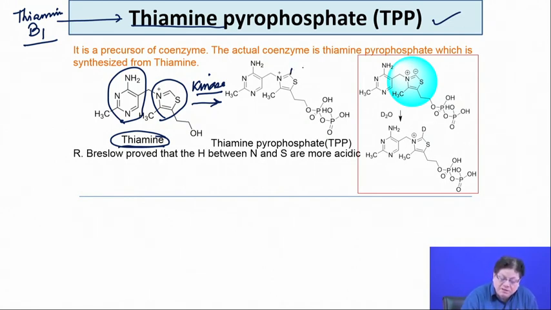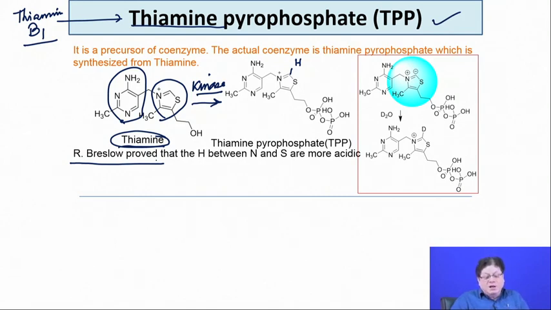Let me finish this session by saying that this hydrogen is quite acidic because of the positive charge on the nitrogen. It wants to pull the electrons towards itself, thus making the hydrogen very labile. Now, Ronald Breslow of Columbia University in the 1950s did an experiment.